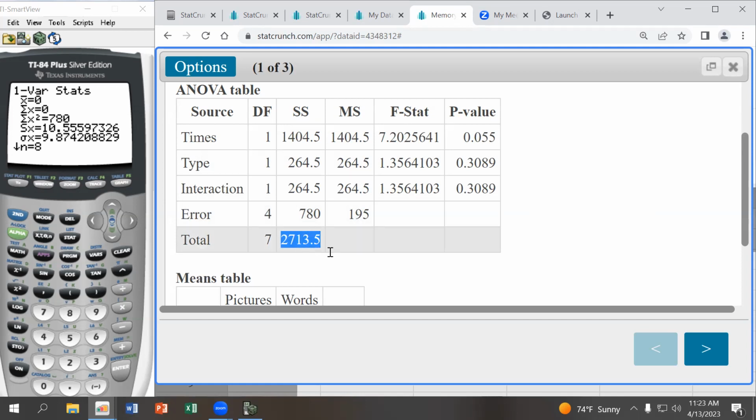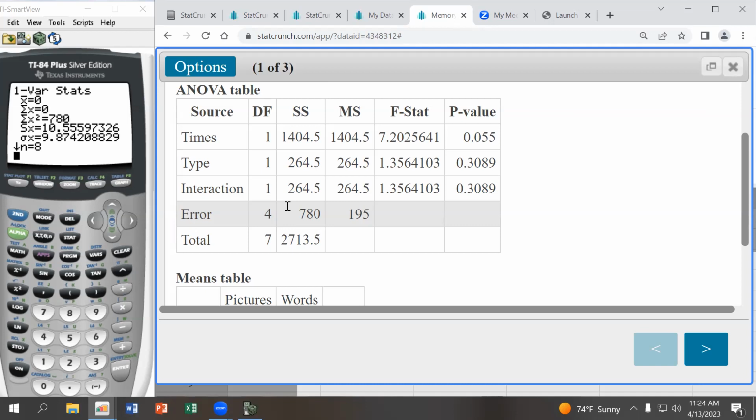Good. So, did we get 264.5? What did we get? The way you subtract, right? You always subtract the smaller number from the bigger number. Even if you get a negative value, make it positive because we are referring to sum of squares. Squares cannot be negative. But by accident, if you get a negative value, get rid of that negative sign.